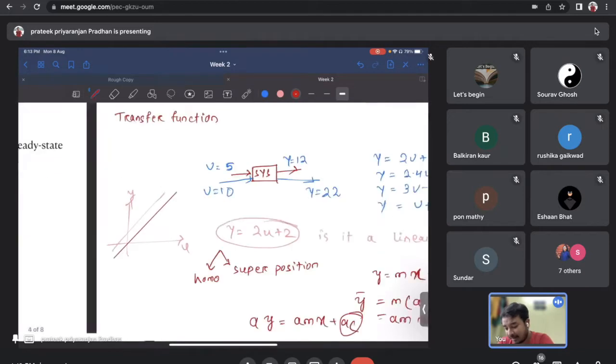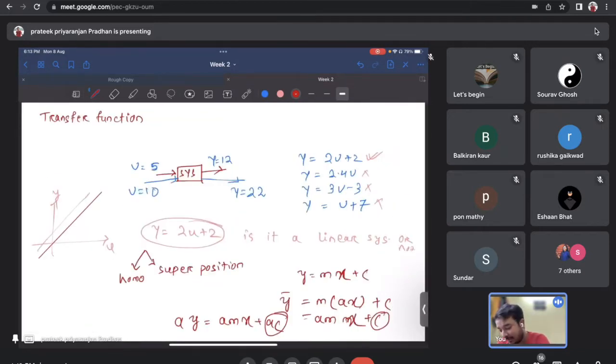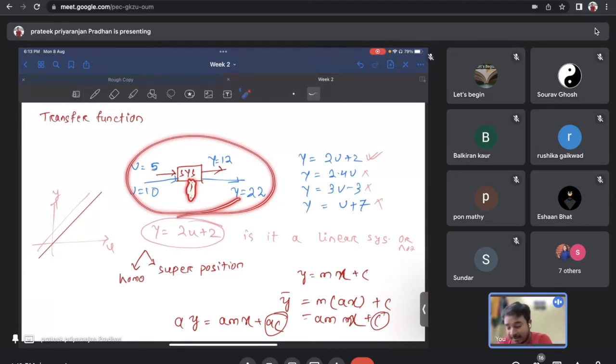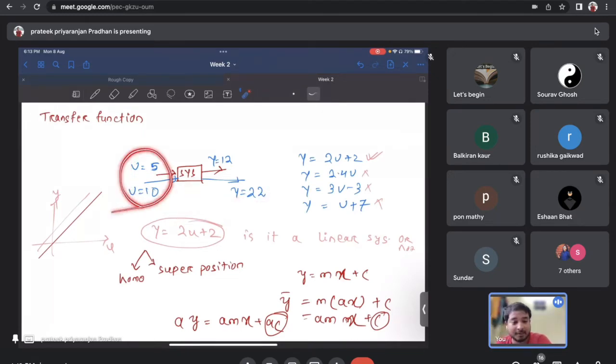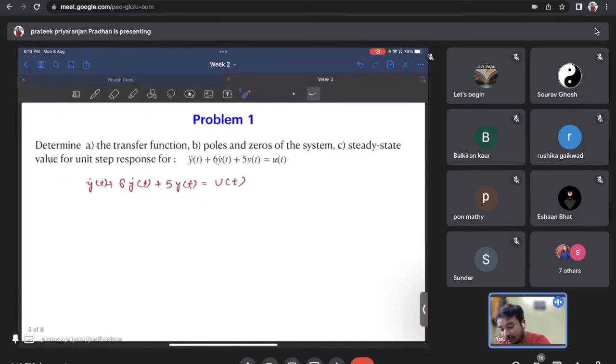As I have shown in the diagram, the system has its own transfer function. You give some input, you get some output. So forget about what the input is. Whenever you are getting the transfer function, you should not worry about what u of t is.